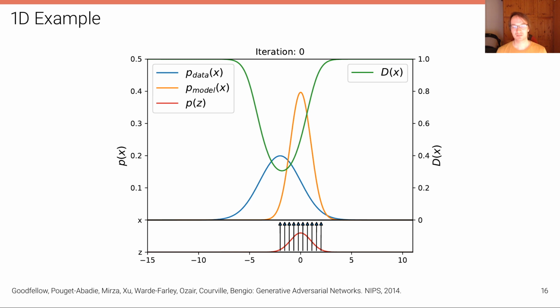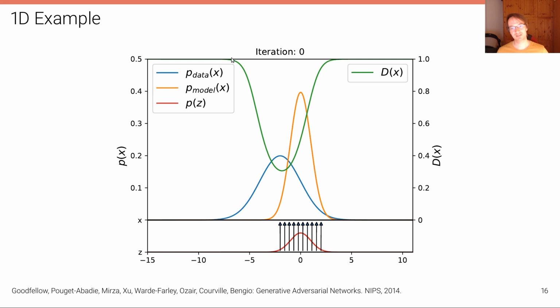Here in this plot, this is for the first iteration, we see the model distribution in orange, the prior distribution over the latents in red, and we see the data distribution in blue. And we want the model distribution to become close to the data distribution.